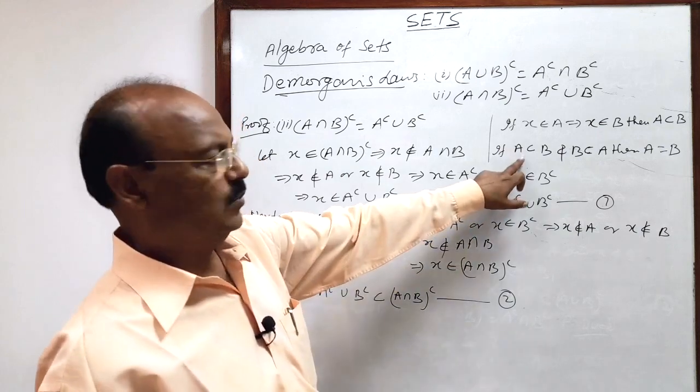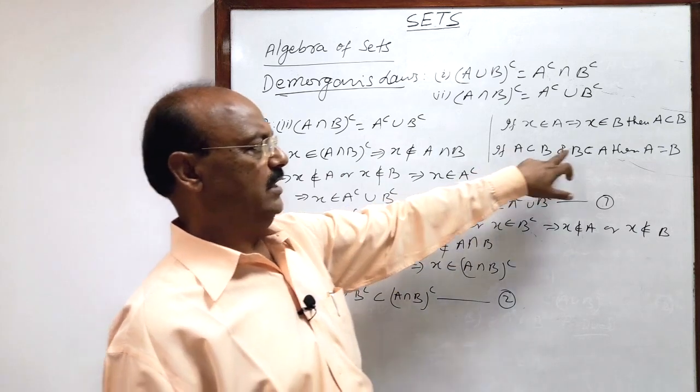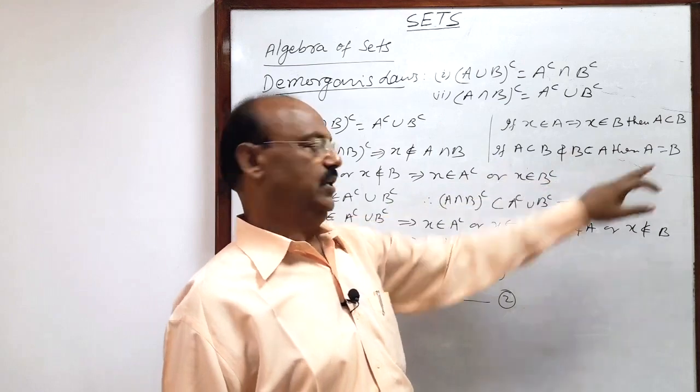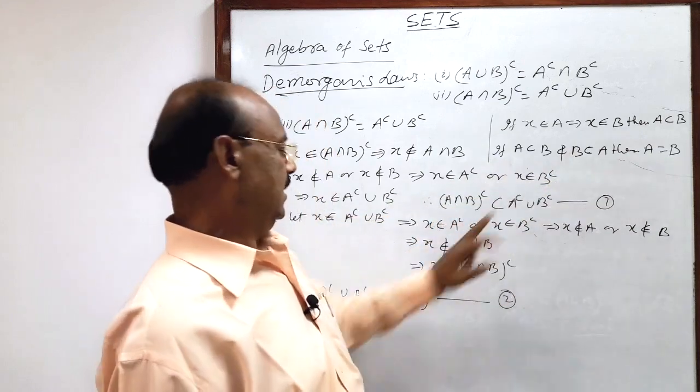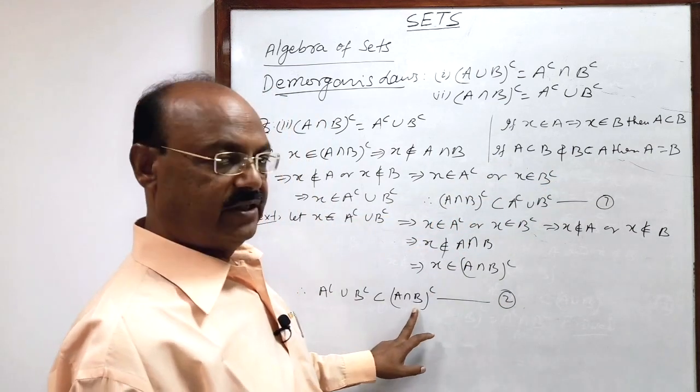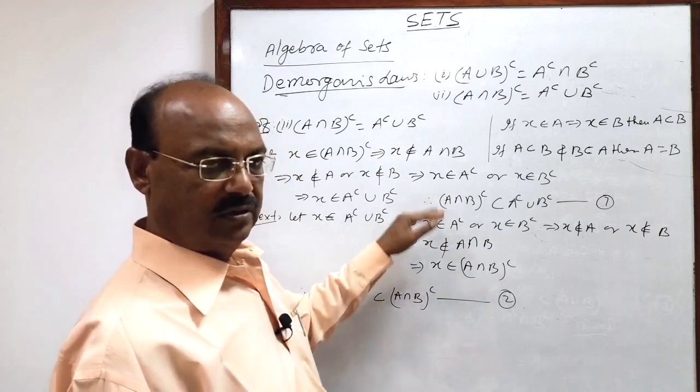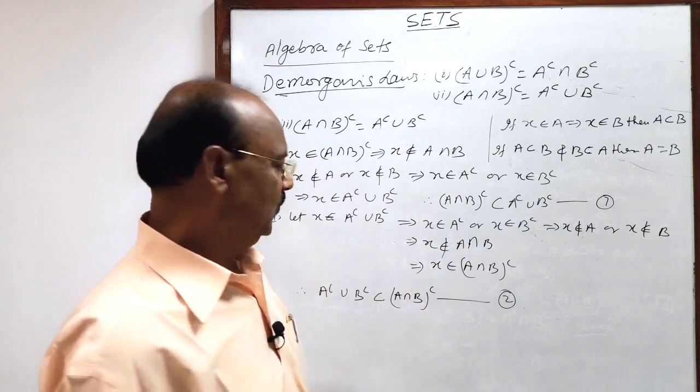So by using this property, if A is a subset of B and B is a subset of A, then A is equal to B. So here LHS is a subset of RHS and RHS is a subset of LHS. So by combining these two relations, LHS is equal to RHS.